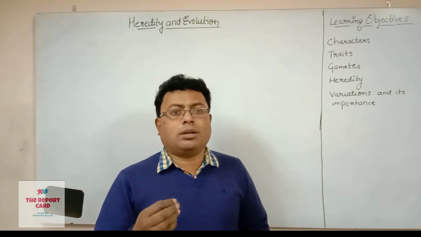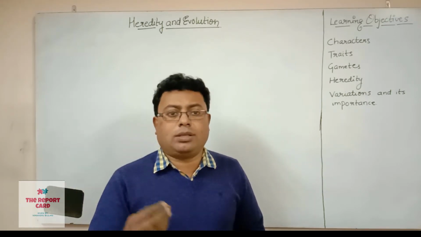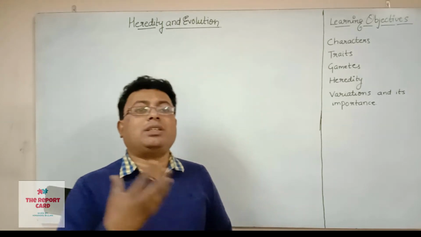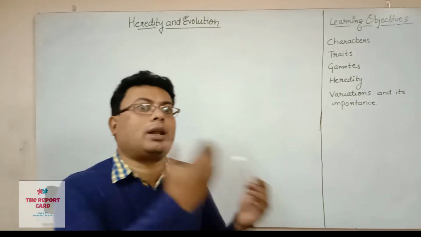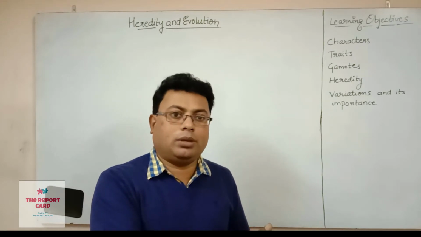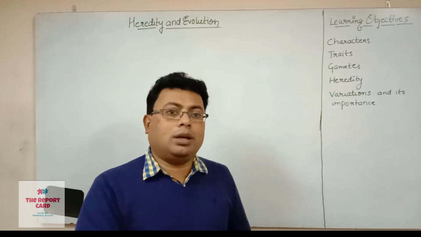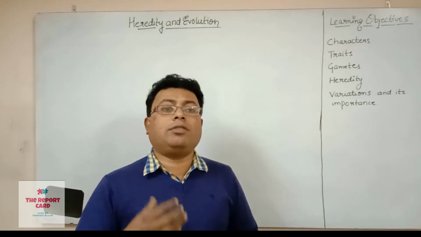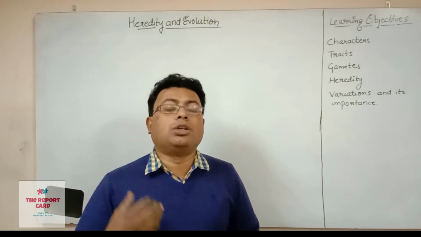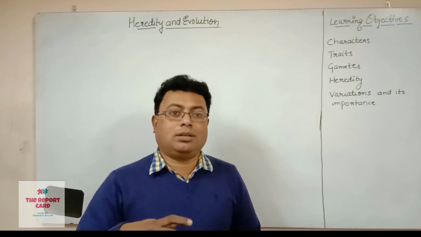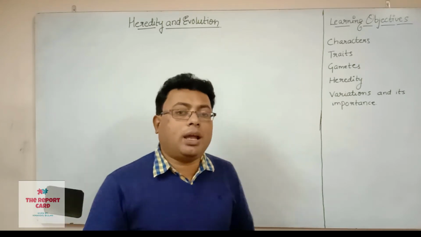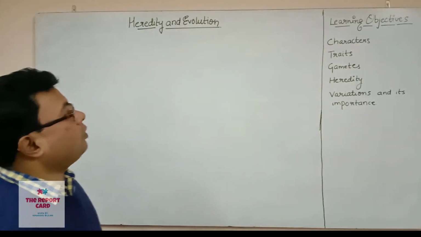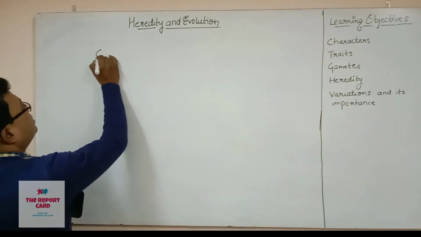So these points that you are going to write are basically the features by which you recognize that particular animal. Similarly, in all the other organisms there are certain features by which you recognize that organism, and these recognizable features are what we call characters.